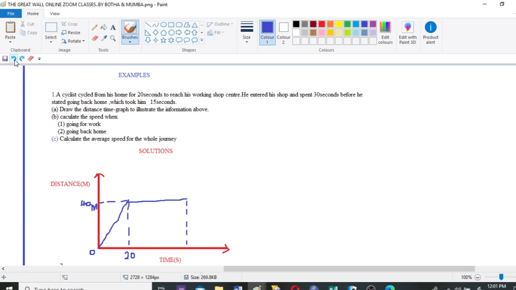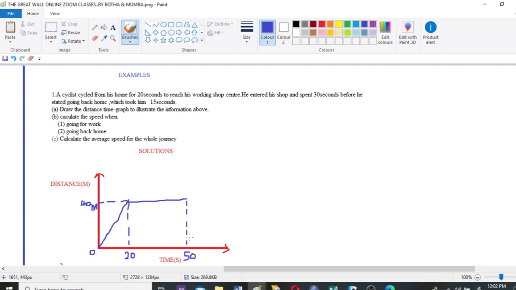No, we are going to add. We need to have the total time on the x-axis as we go to the right. So this person reached his workplace in 20 seconds, and then he added another 30 seconds to do some operations at the shop. So that gives us 50 seconds.